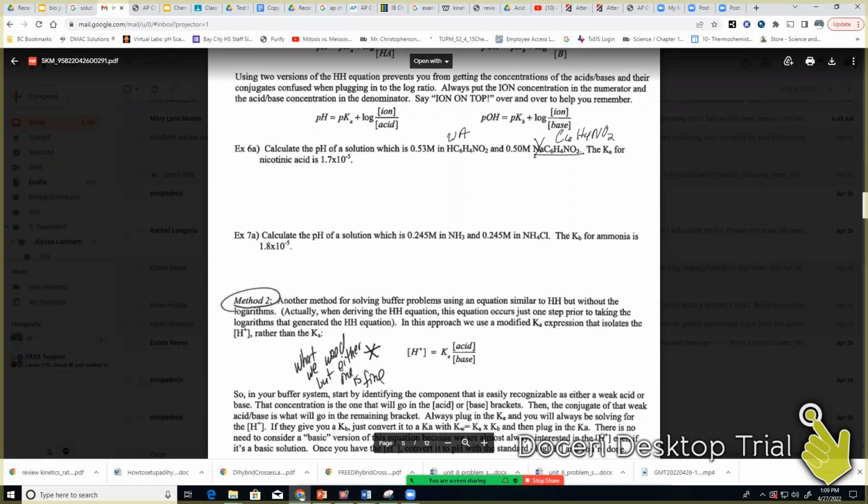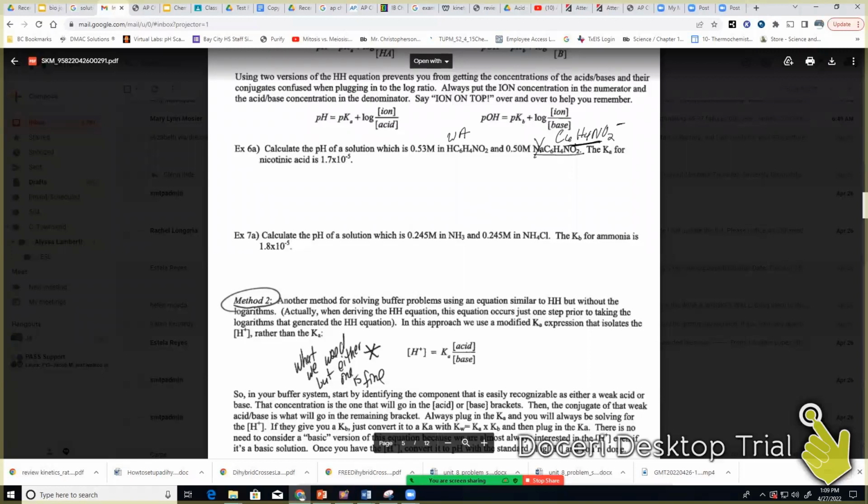C6H4NO2 minus, which is the conjugate of my weak acid. All right, so that is what I'm interested in. So this is going to be what is going to hydrolyze or break up the water. Whichever one has the charge, that's going to be the one that breaks up the water, and that should end up becoming your reactant.